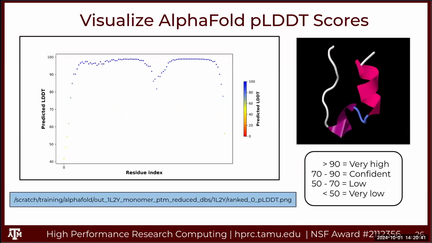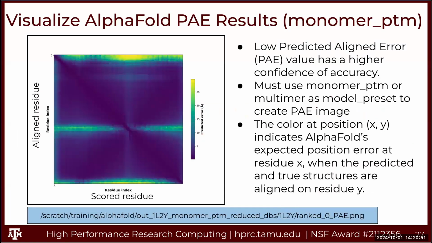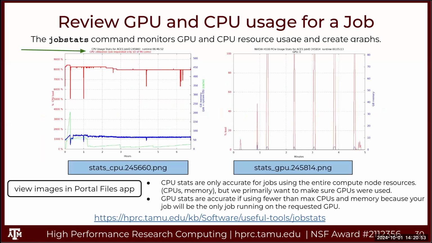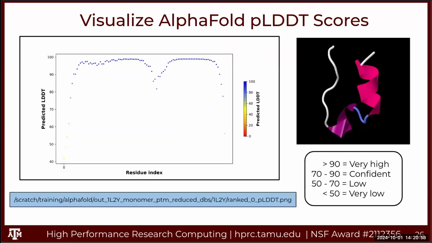All right, so in your JMOL application, you can open the pLDDT PNG. pLDDT, I have a definition of this. These are basically the confidence metrics, and you can see a higher score up to 100 is in blue, so you can see that the middle of the structure has high confidence. Anything above 90 is very high.